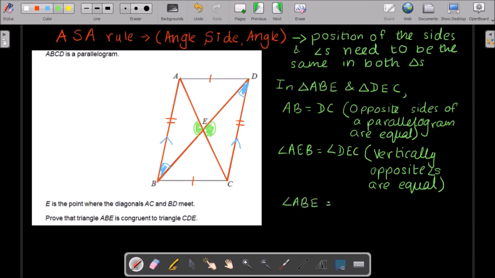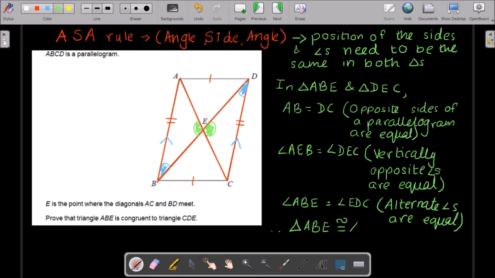Angle ABE is equal to angle EDC and the reason for that is alternate angles are equal. Therefore triangle ABE, this is my closing statement, is congruent to triangle DEC.